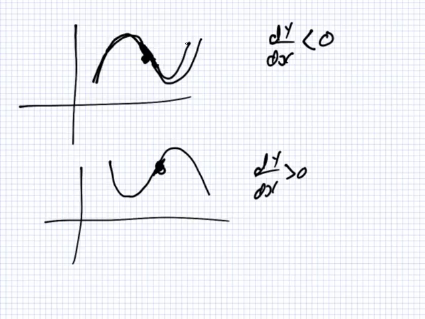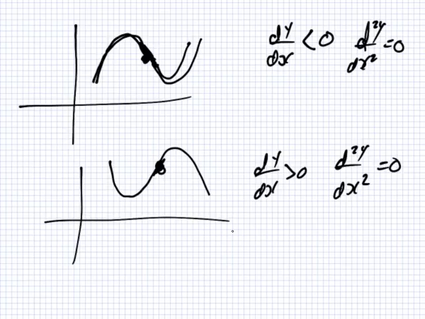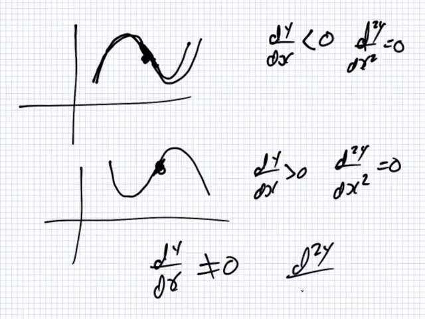In between, the second derivative is 0. And here, the same, it's 0. Put both of these together: I need the first derivative to not be 0, and I need the second derivative to equal 0.